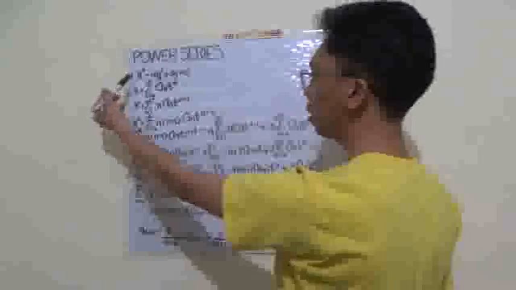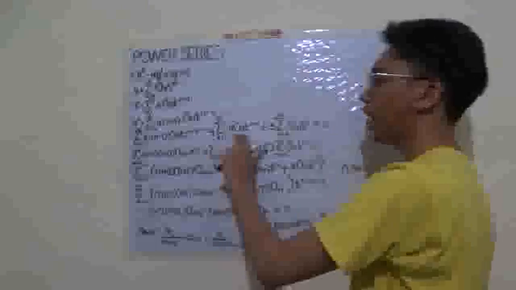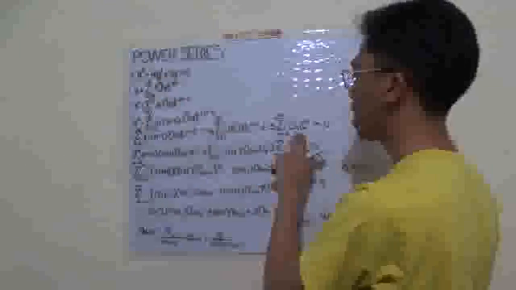And substituting the values of y prime and y double prime to our equation, we have summation of n quantity n minus 1 a sub n t raised to n minus 2 minus 4 times the value of our y prime, summation of n times a sub n t raised to n minus 1, plus 3 times summation of a sub n t raised to n, which is equal to 0.